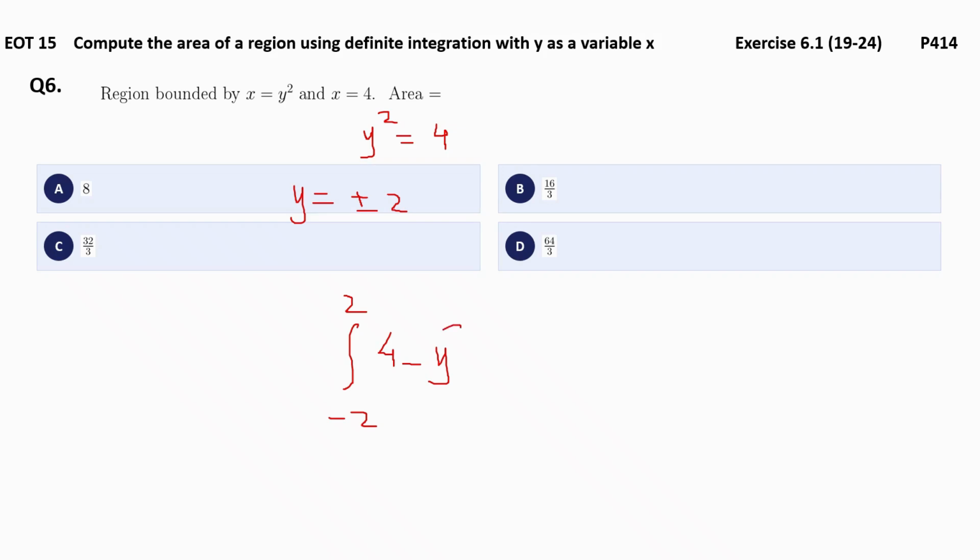Even though you handle y square with dy, in your calculator you will be entering it as x. Suppose you are entering y square minus 4, doesn't matter. Only thing you'll get a negative value, but area cannot be negative, so we will fix it as our positive value. So don't worry about your maximum or minimum function at this point as you are handling the multiple choice questions. So it is option C.